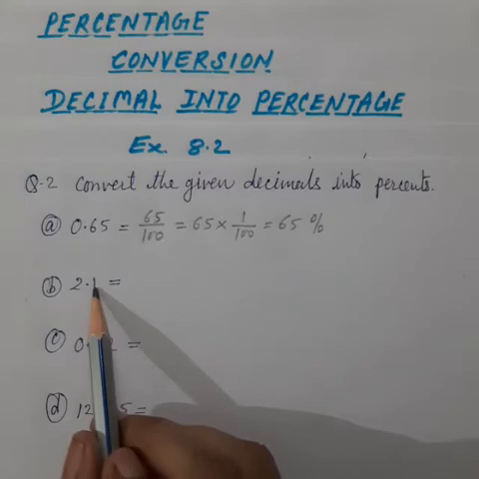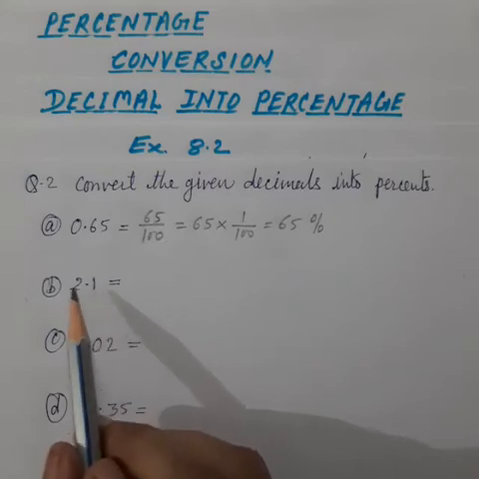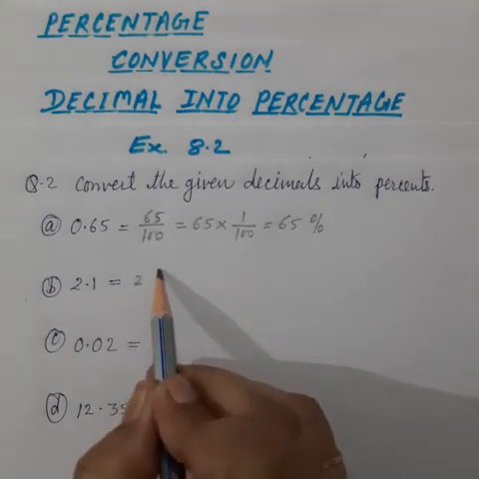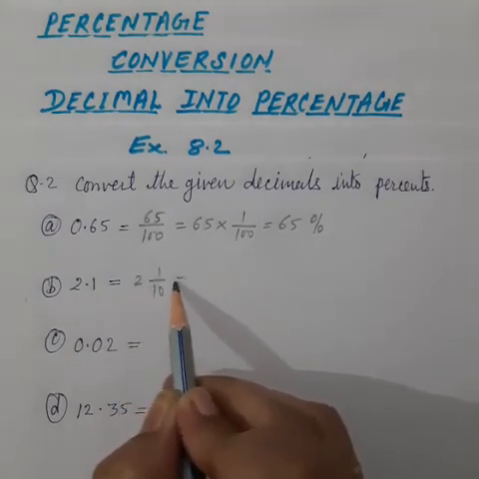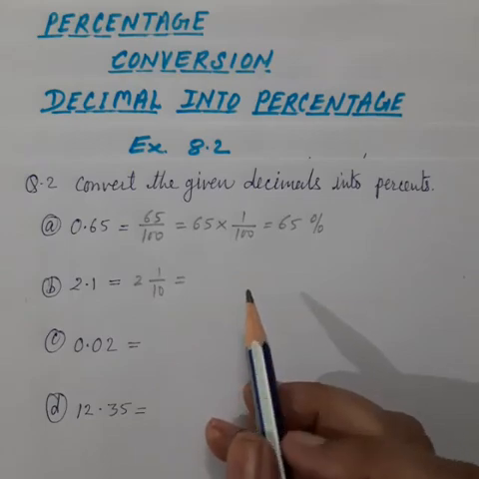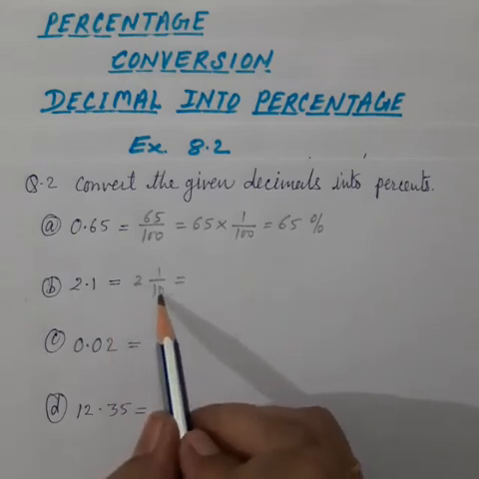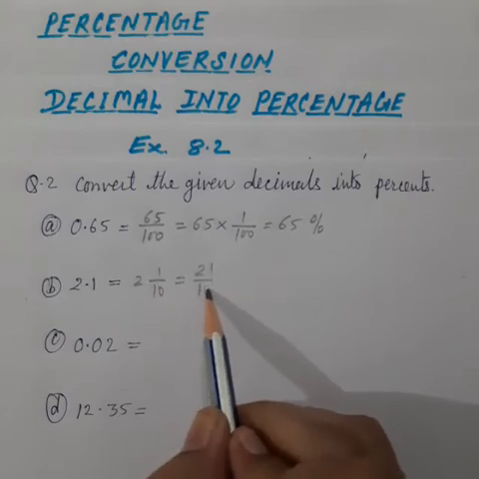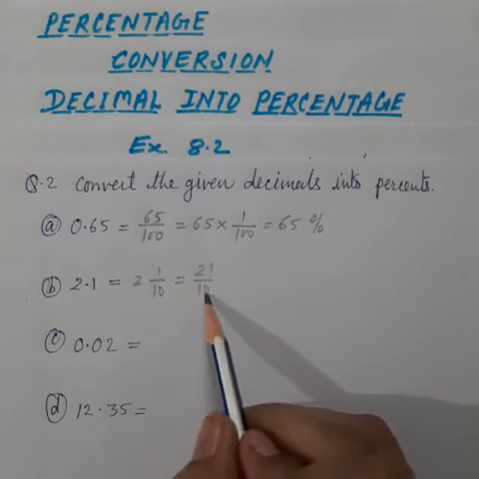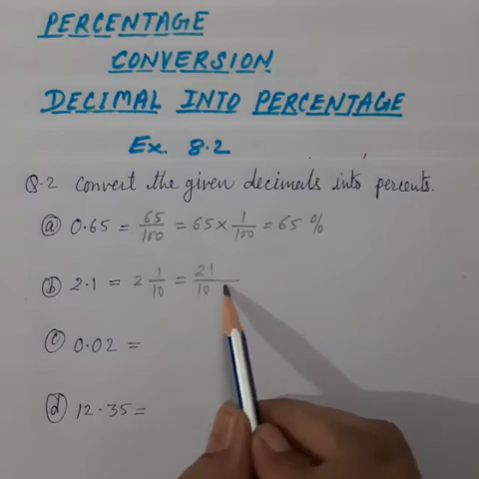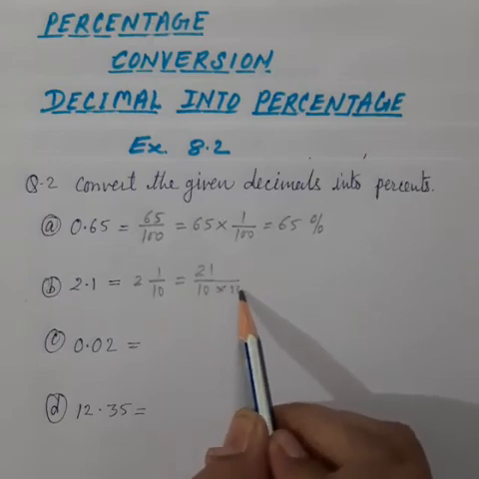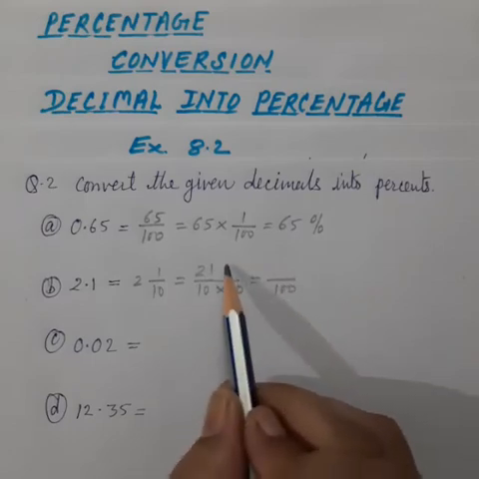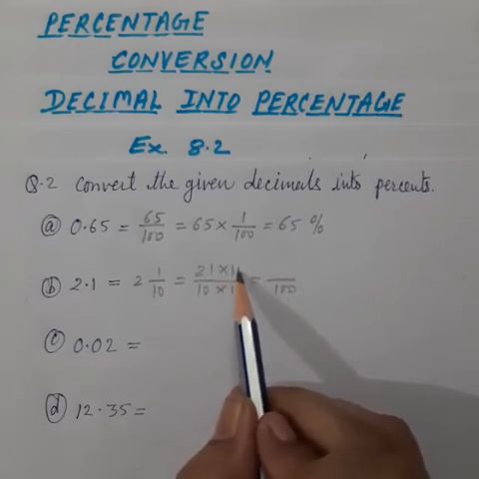B, 2.1. 1 is at the first place after the decimal point. So it is tenths. So the number is 2 and 1 tenths. This is a mixed fraction. Convert it into improper. 2 tens are 20 plus 1, 21 by 10. This denominator 10 is a factor of 100. So we can convert it into 100 by multiplying by 10. So multiply numerator also by 10.